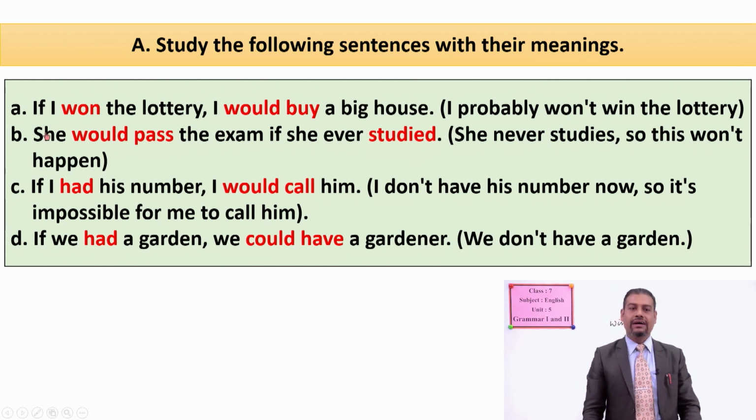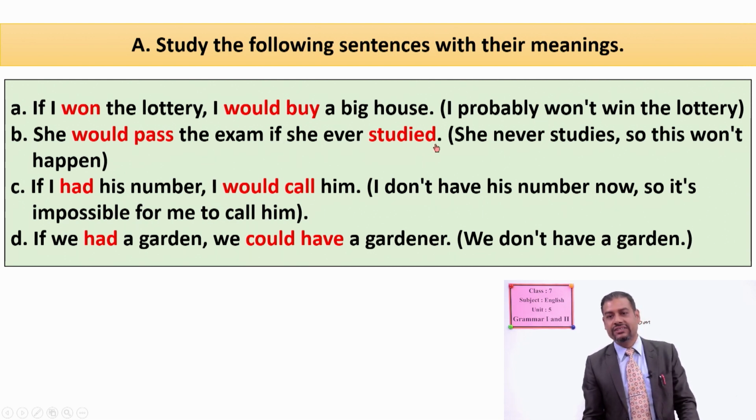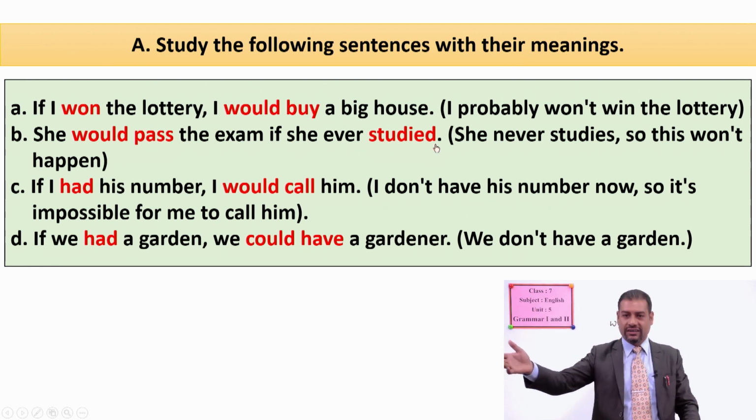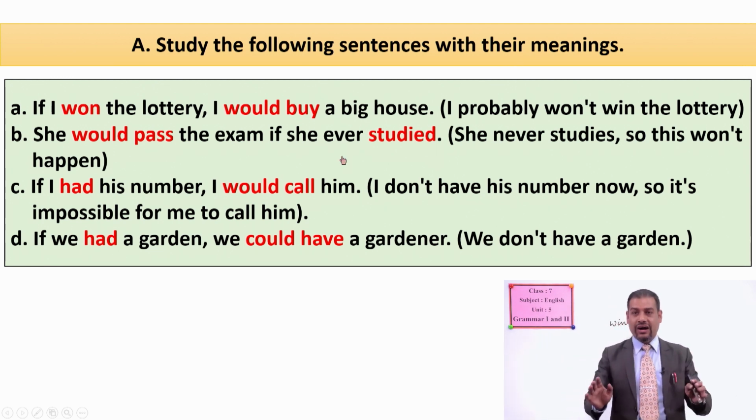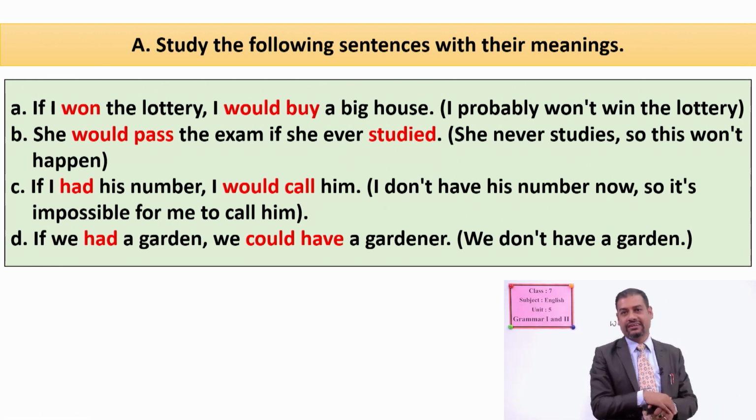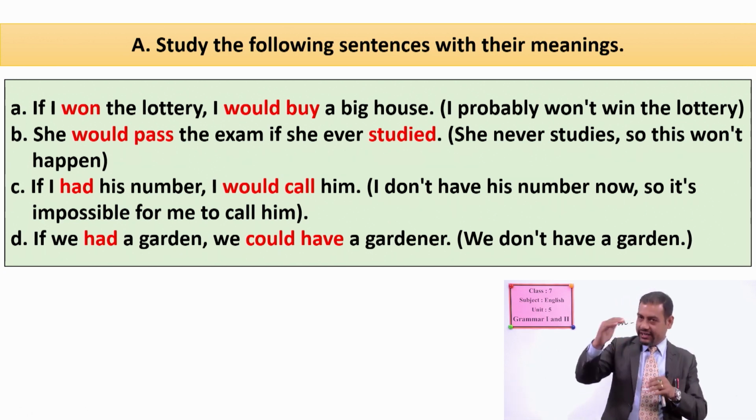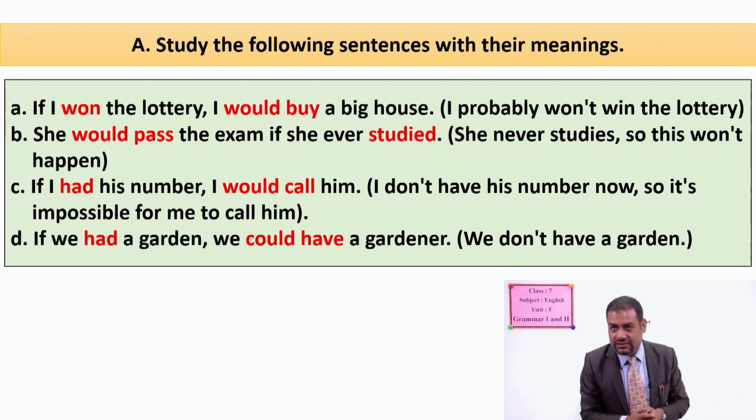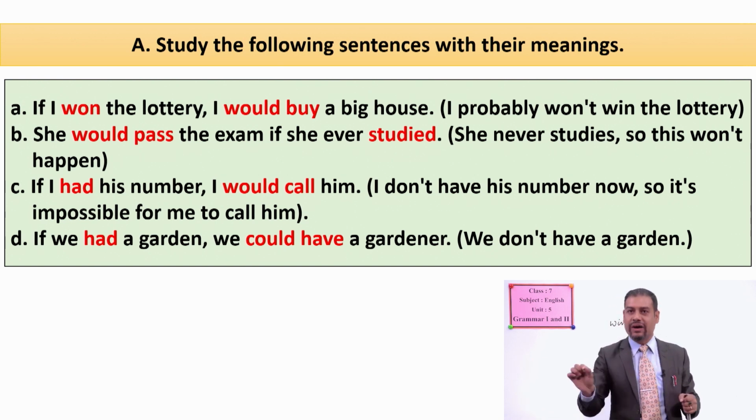Is it clear? Next one, number B. She would pass the exam if she ever studied. Now here, would pass. Now if, this part is written in our second part. Now you should notice one thing there. That is, when we use if in the second part of the sentence, before if we don't use a comma.